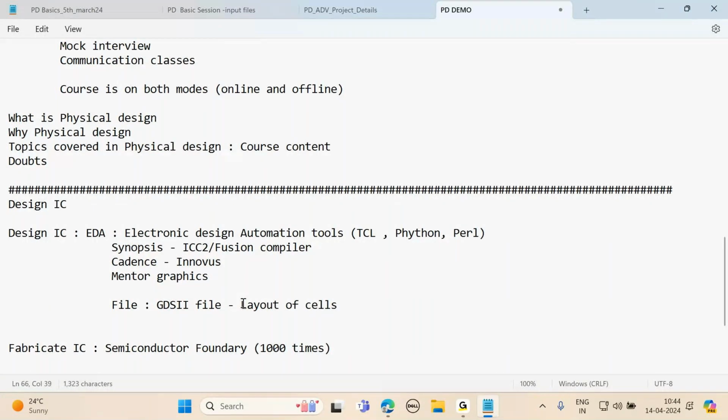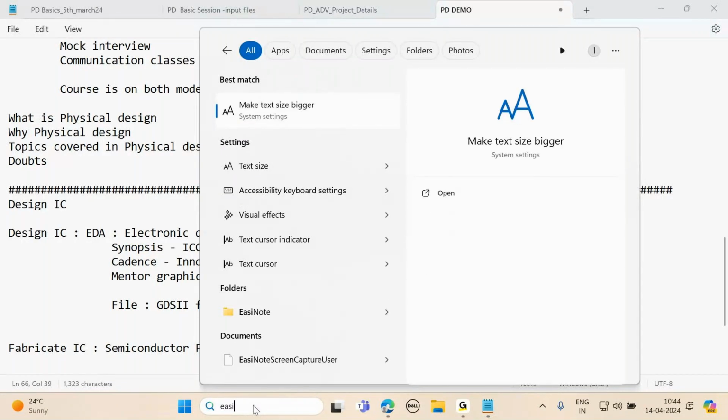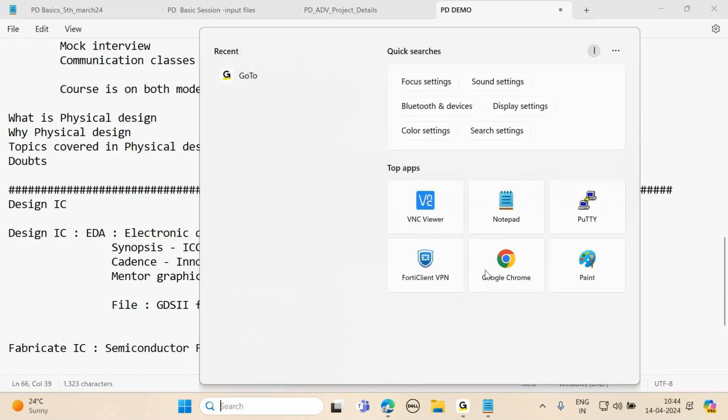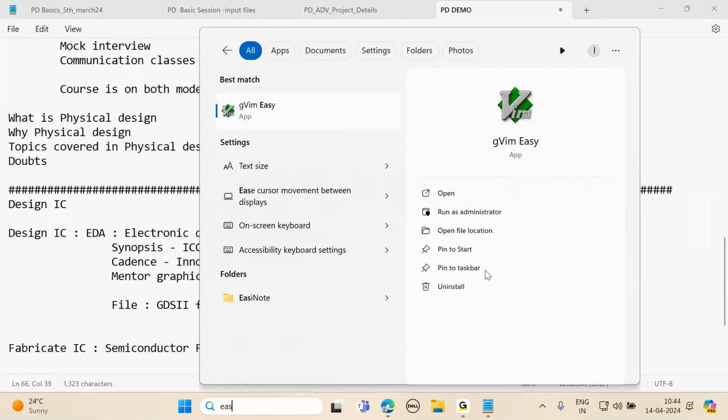So you know what is layout then? I think they consist of different layers.